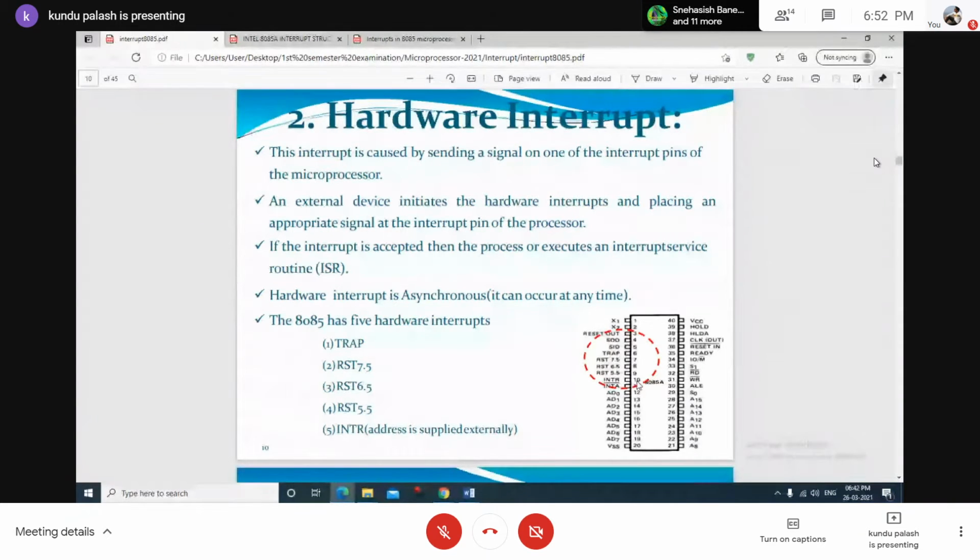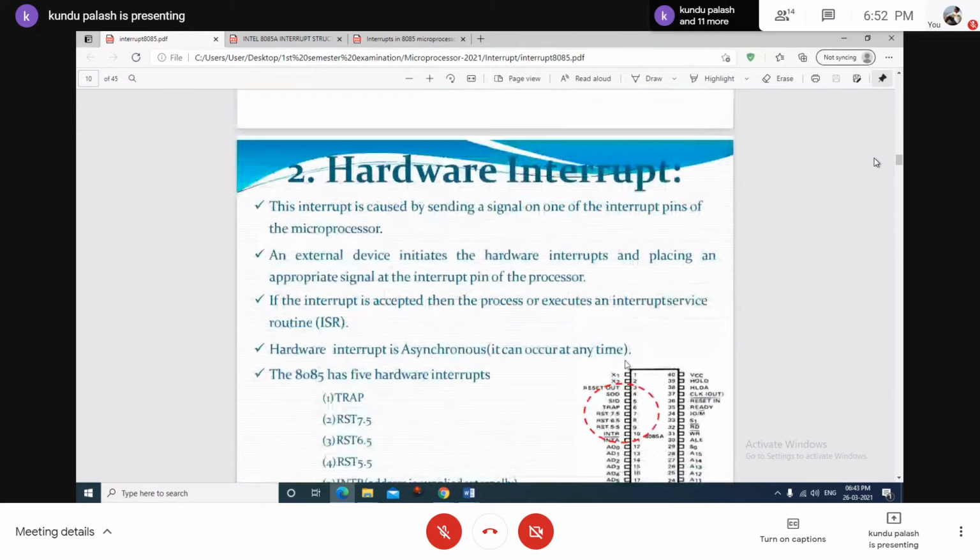These are called the hardware vector addresses, truly 1, 2, 3, 4. But INTR is not a vector address, because the ISR code must be supplied by the external device called the interrupt controller. But for the vector interrupts, the address will be automatically determined using the formula above.